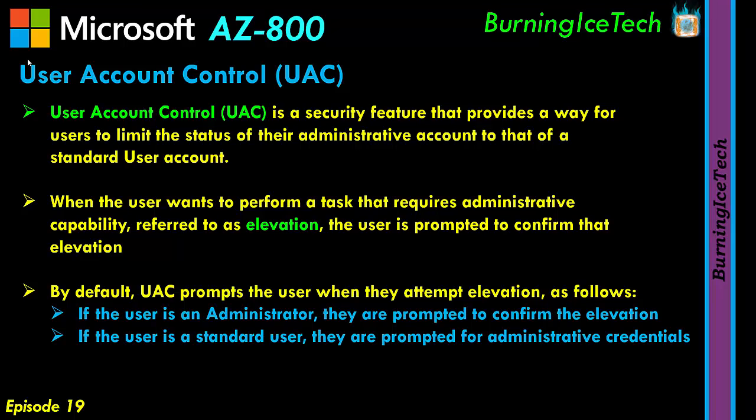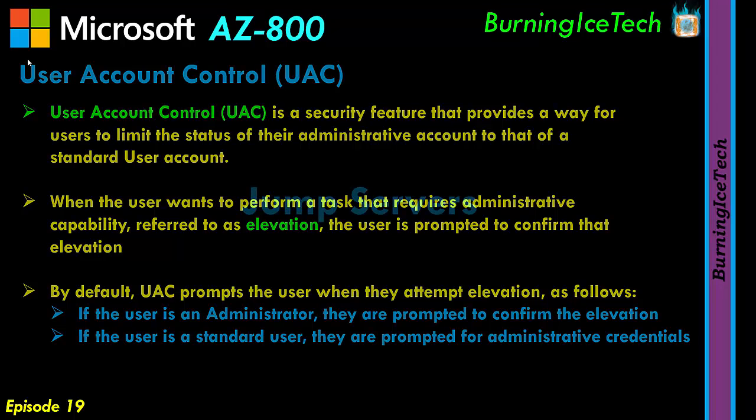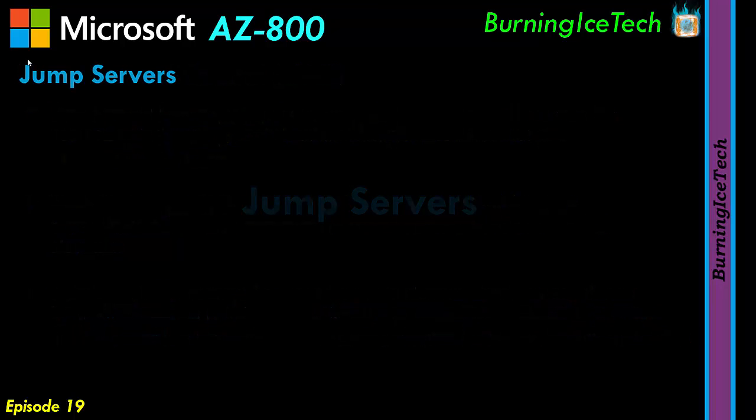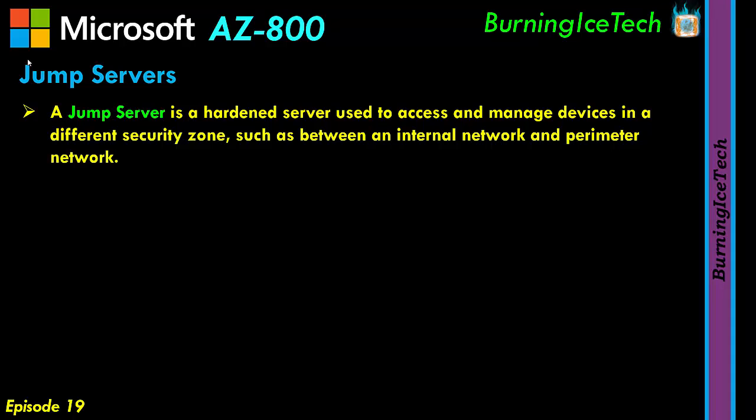Alright then, now that we have a fair understanding of what UAC is, let's move on to that last topic we had on our list, which was jump servers. A jump server is a hardened server used to access and manage devices in a different security zone, such as between an internal network and a perimeter network.